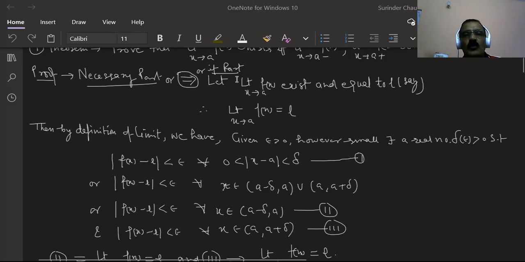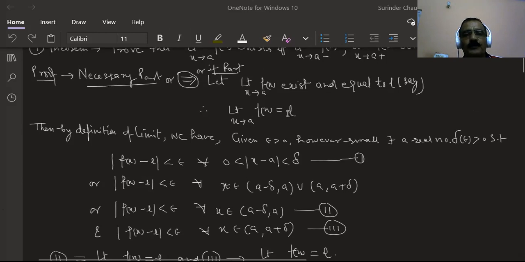Let the limit of the function as x tends to a of f(x) exist and be equal to L, say. Therefore limit x tends to a of f(x) is L.